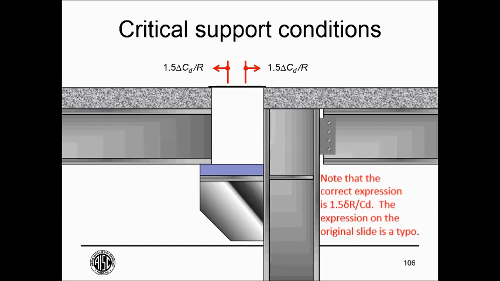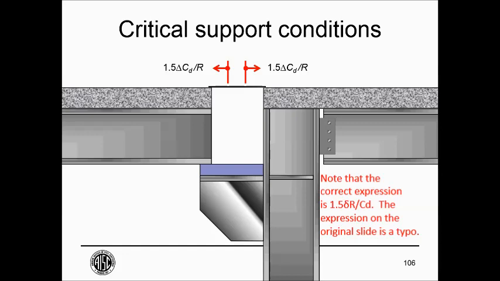And then multiplied by our displacement multiplied by C sub d over R, which is the same thing as taking an R and C sub d of 1, saying we're not reducing by R, we're not amplifying, we're just taking the straight elastic displacement from that full MCE spectrum, unreduced by R. Or if you want to think of it another way, having C sub d equal to R. When you multiply everything out, all you get is 1.5 times the displacement corresponding to the period.